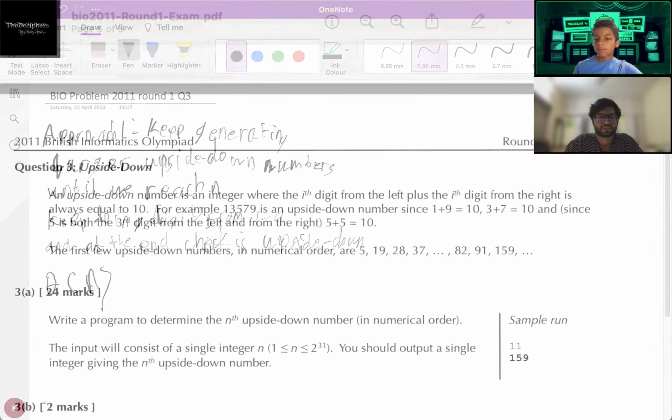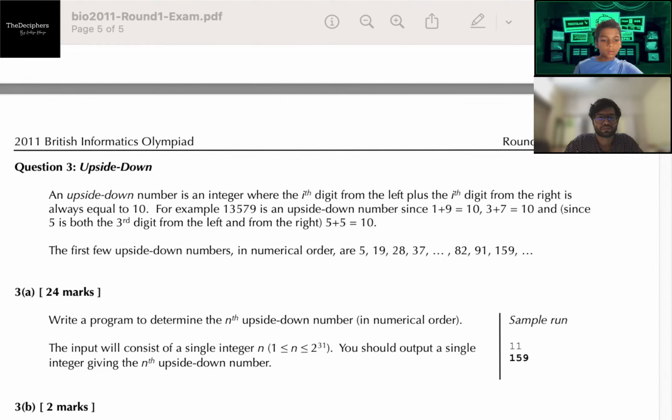But I don't think that would be very efficient, because n is between 1 and 2 to the power of 31.